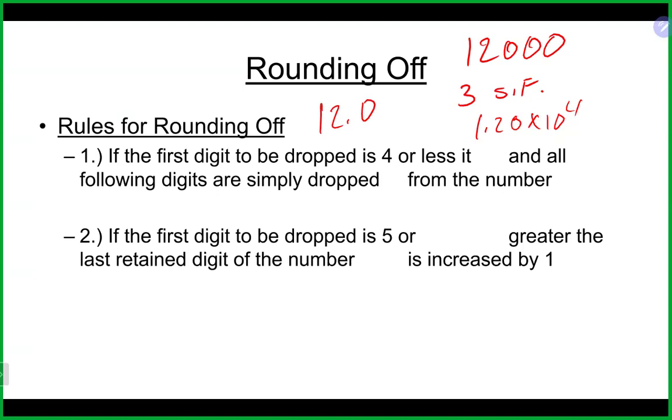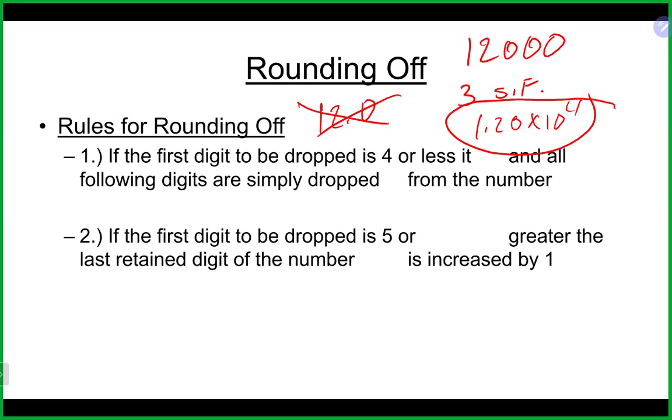No, there's a very big difference in the meaning of 12 versus 12,000. Although 12.0 is 3 significant figures, it is nowhere near the same value as 12,000. So although that is 3 significant figures, you never want to change the meaning of the number when you are rounding.